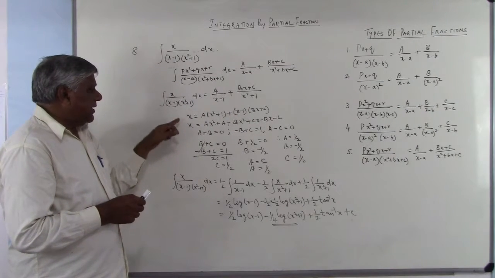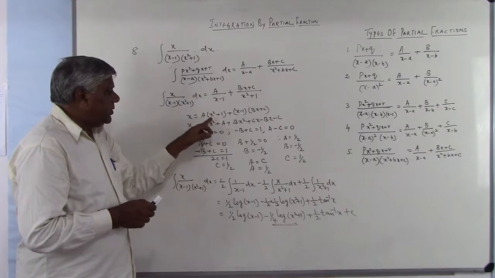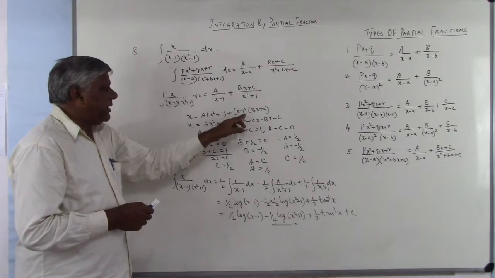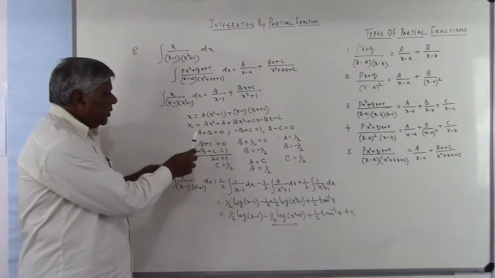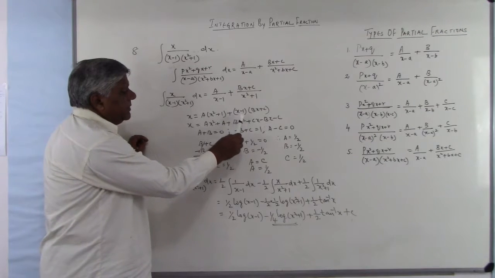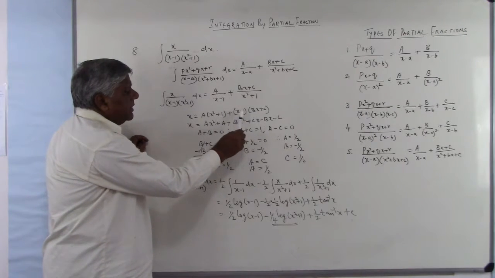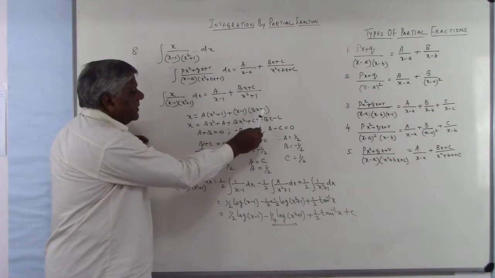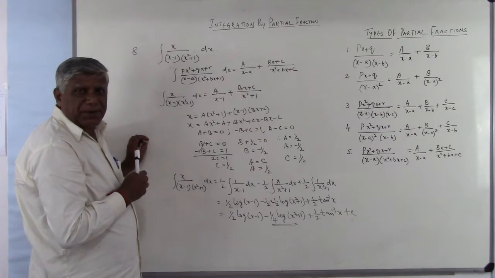Now x is equal to, now cross multiply, A into x square plus 1 plus x minus 1 into Bx plus C. Now what I am going to do, I am multiplying this: Ax square plus A plus Bx square minus Bx plus Cx minus C. We have multiplied here.